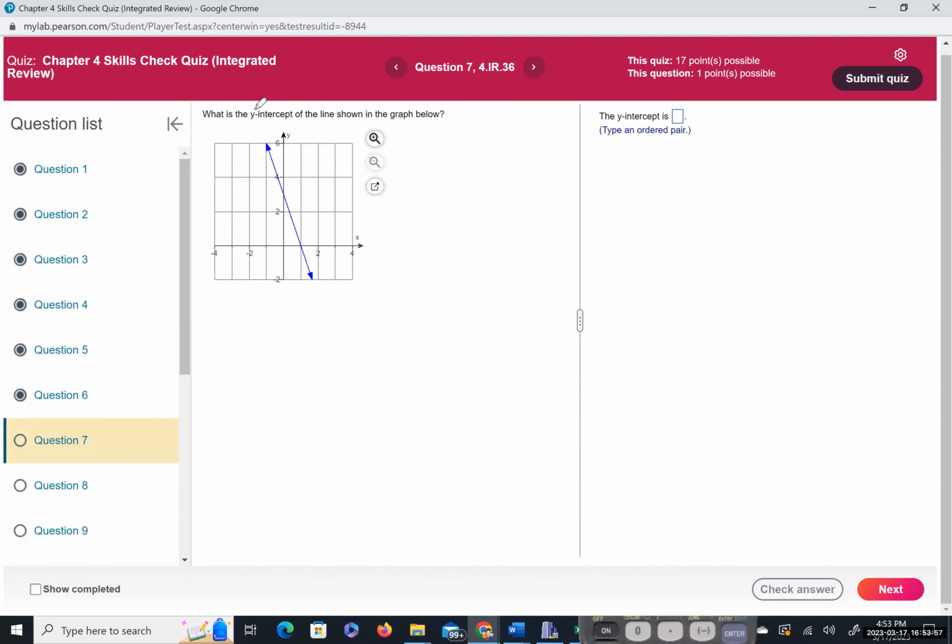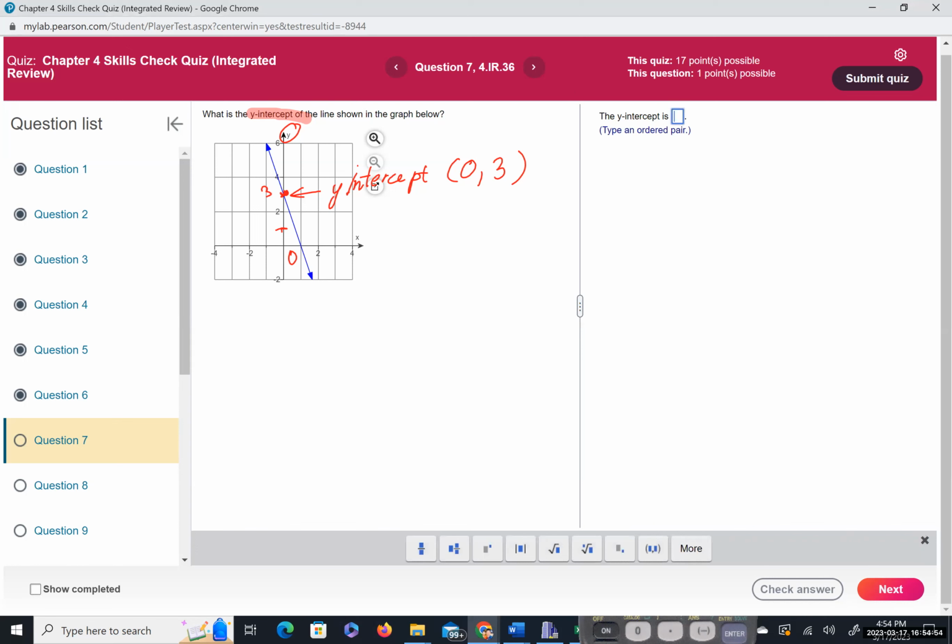So here's 0, here is 1, here's 2, and here's, I'm gonna say 3, right? So the y-intercept here will be the ordered pair 0, 3, right? The x value is gonna be 0, and the y value is gonna be 3, right? This part. So 0, 3. Check that.